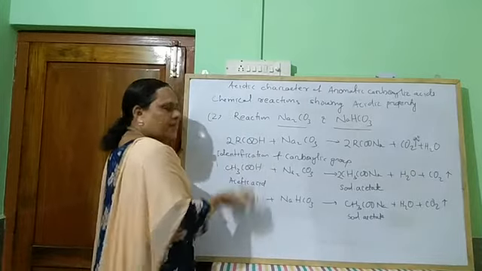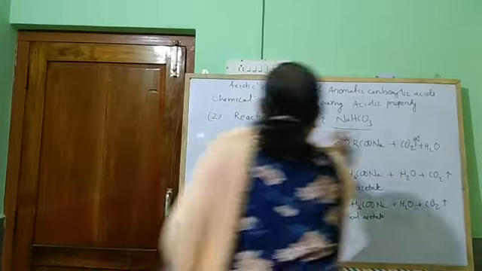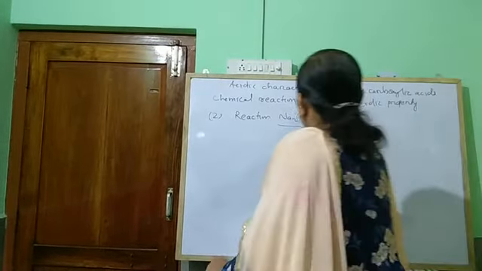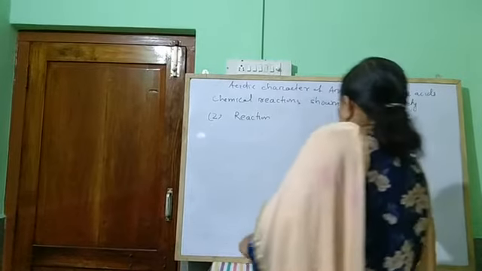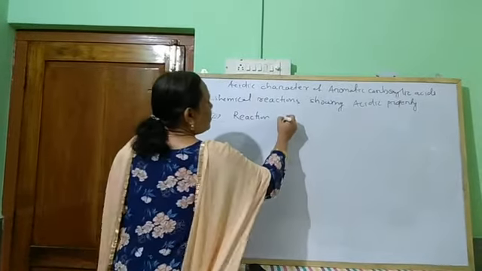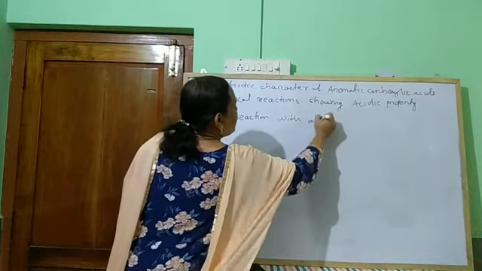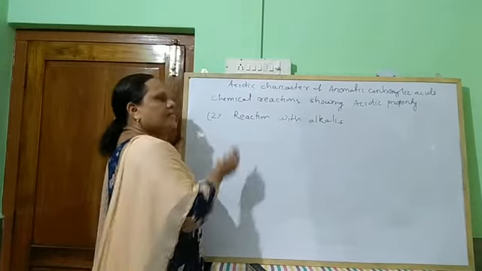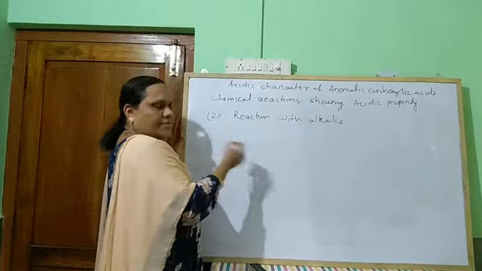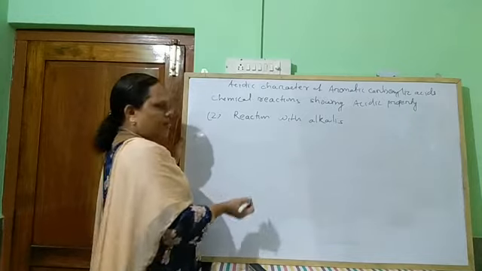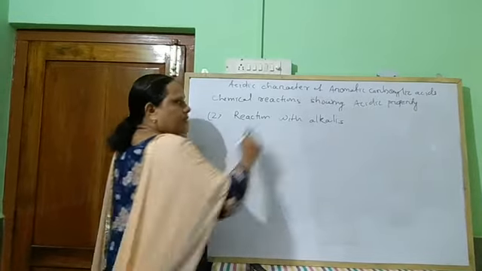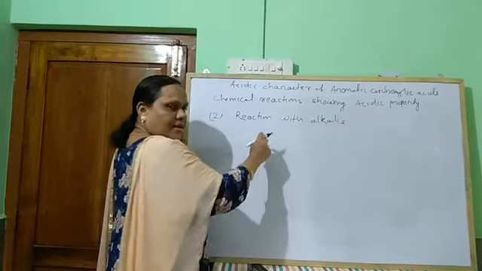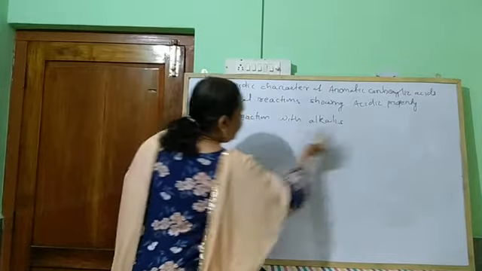Next, reaction with alkalis. As these are weak acids, they react with alkalis to neutralize them to form salt and water. So carboxylic acids react with alkalis, neutralize them to form salt and water.